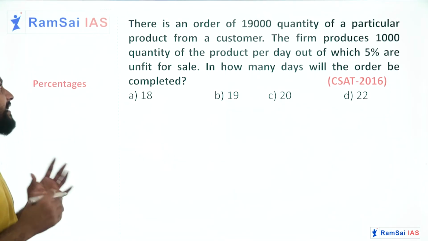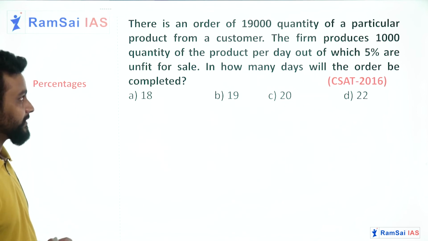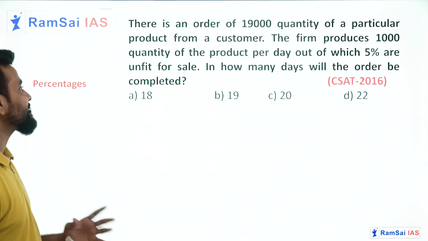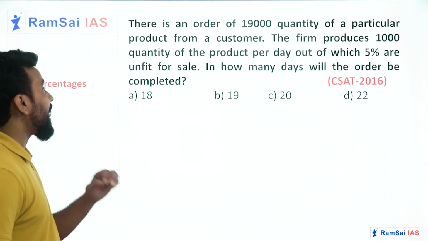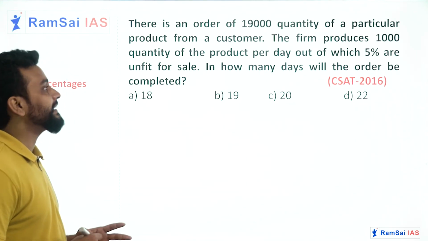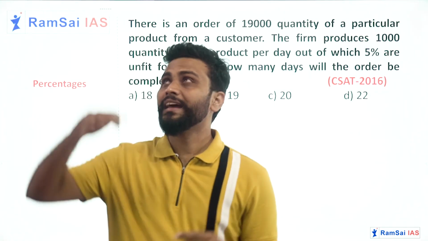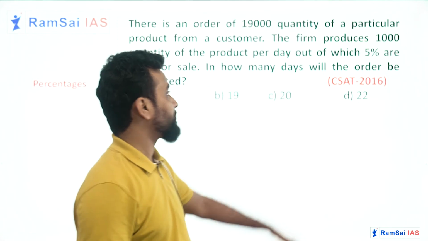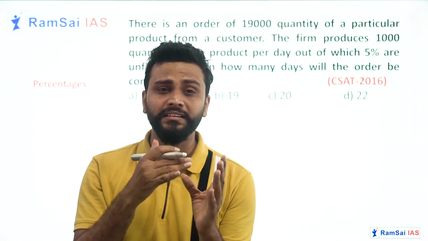There is an order of 90,000 quantity of a particular product from a customer. The firm produces 1,000 quantity of the product per day, out of which 5% are unfit for sale. In how many days will the order be completed? Very simple. Total 19,000 is the target and per day they can produce only 1,000. So they take 19,000 by 1,000, 19 days.